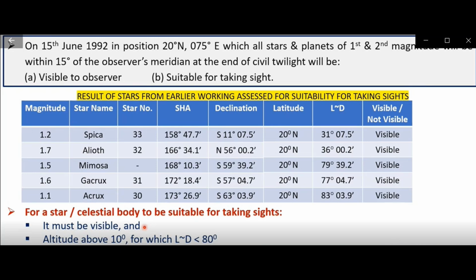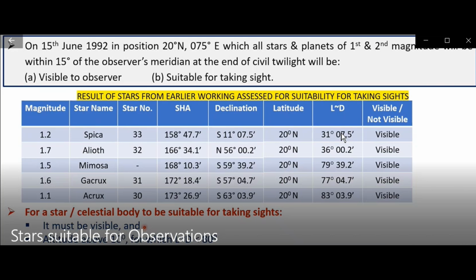So we now have to check, visible all of them are, because L difference D is coming less than 90. Now we have to check that the altitude of no body is less than 10 degrees. Now how can we check that? For that we have to fulfil the criteria L difference D less than 80. So only those stars will be suitable for taking sight whose L difference D is less than 80.